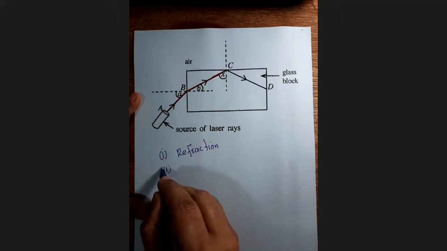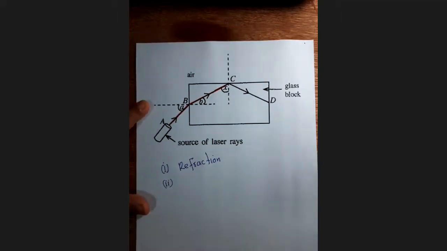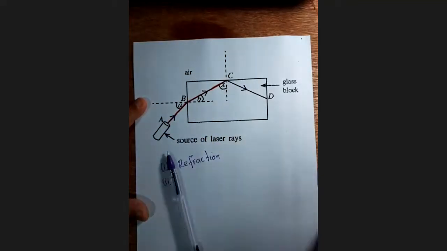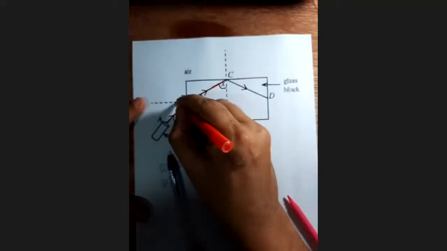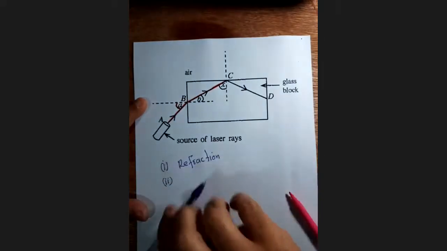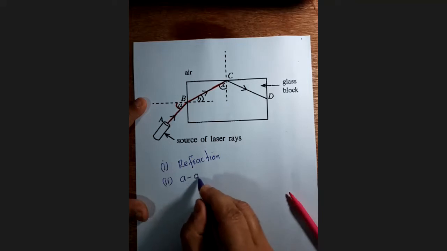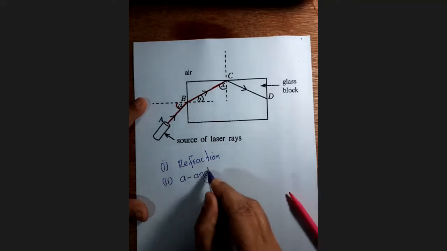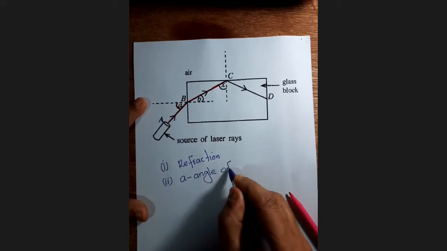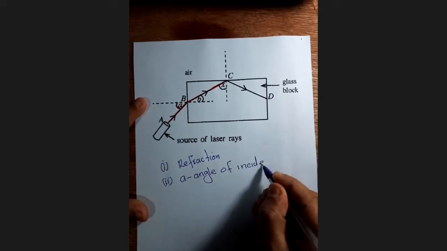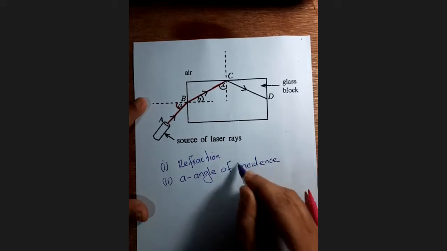Roman number 2. Write the names of the following angles. Angle A is given here. Angle A is the angle of incidence.